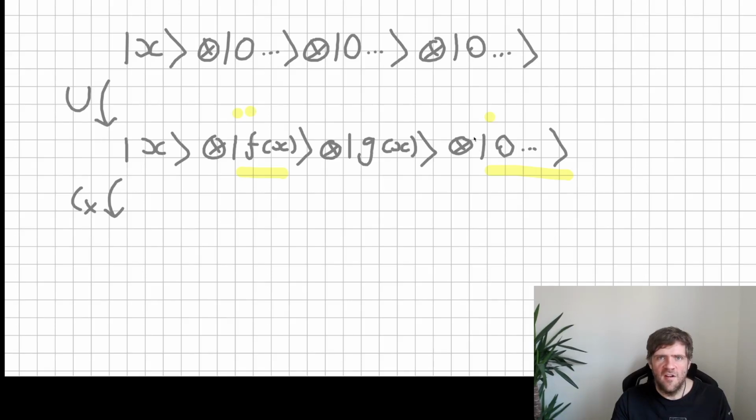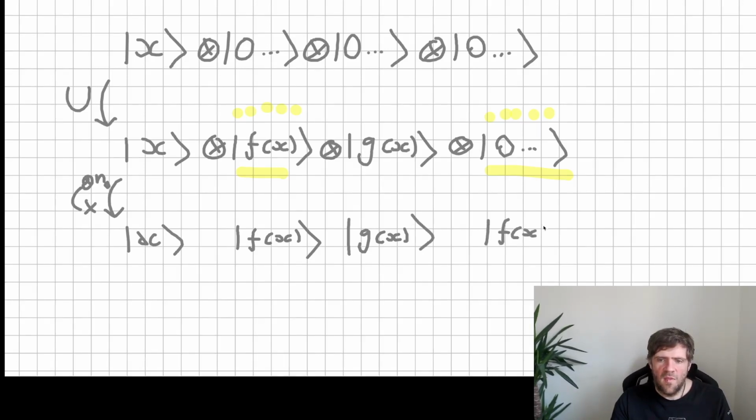Then another controlled NOT controlled on this and targeted on the next qubit of this register, and so on and so forth, copying our f of x bit by bit until what we have, so I should say to the power of the n out, this is now x, f of x, g of x, and another f of x.